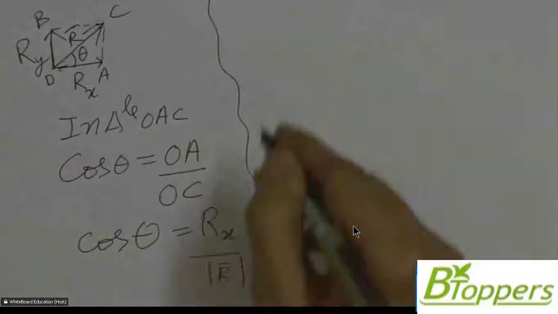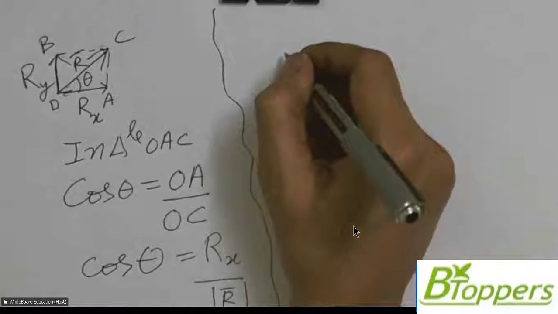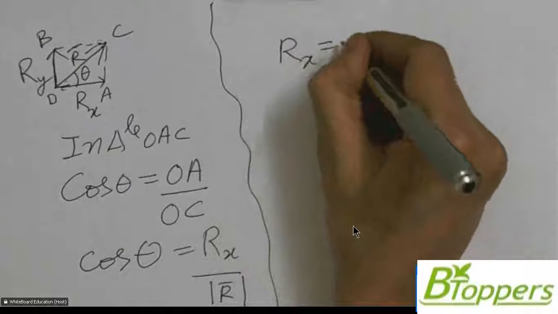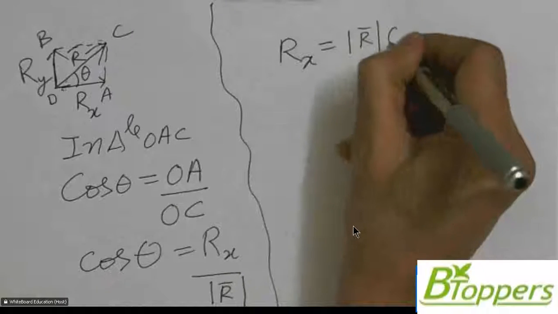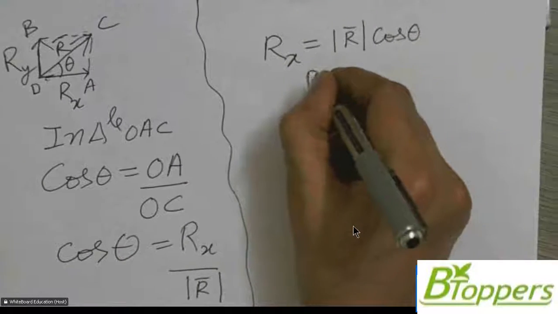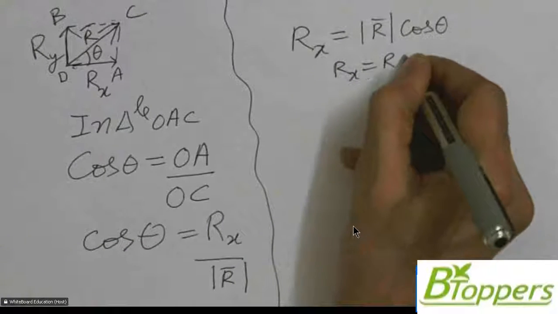Therefore you can write Rx equal to mod of r bar into cos theta, or we write simply Rx equal to r cos theta.